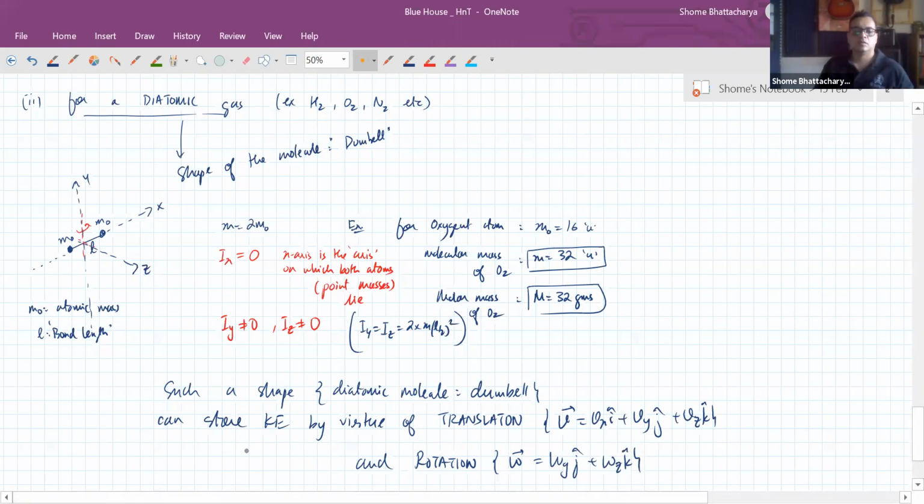Okay. So it can store kinetic energy by virtue of 2 degrees of freedom for rotation and 3 degrees of freedom for translation.